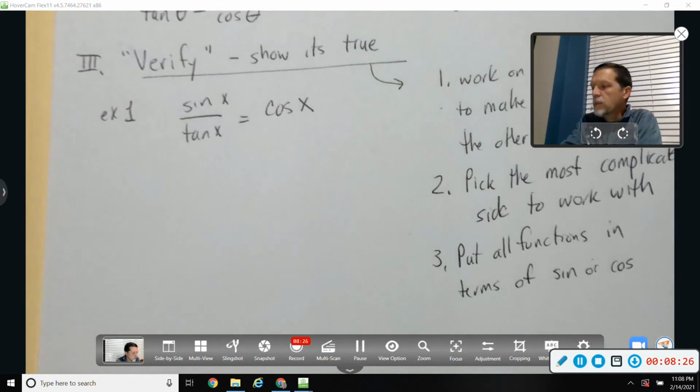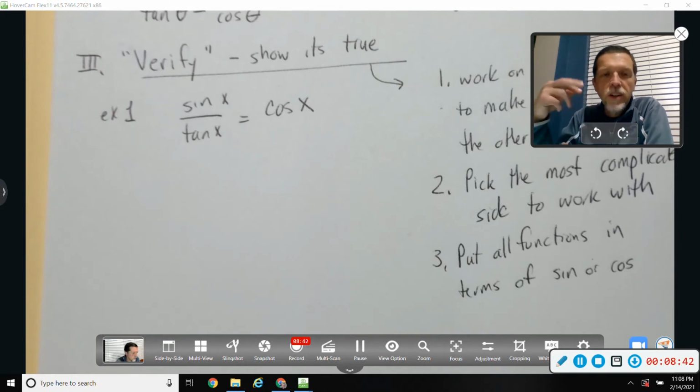We hadn't talked about this yet, but all 6 of the trig functions can be written in terms of sine or cosine. Sine and cosine are obviously just themselves. Secant and cosecant are flips of sine or cosine. And tangent and cotangent are a ratio of sine over cosine or cosine over sine.